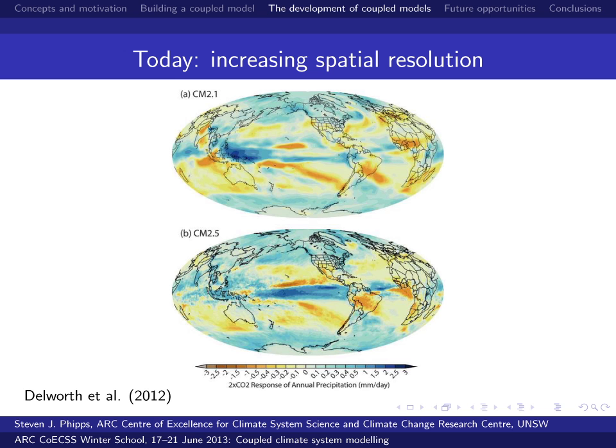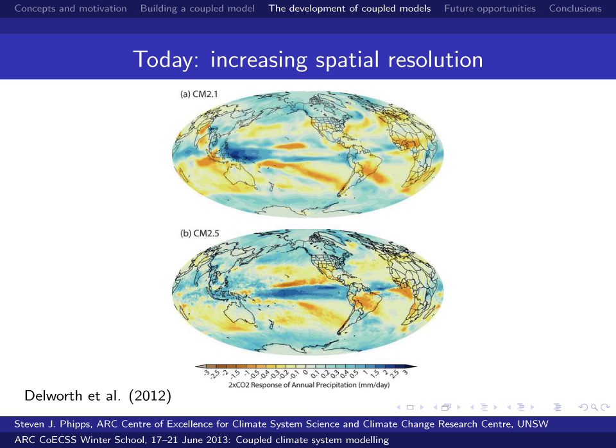The other thing we've been doing since those early papers, of course, is really cranking up the spatial resolution. This is from a recent paper showing two different versions of a GFDL model. GFDL is still, more than 40 years after that Manabe paper, at the cutting edge of coupled climate system modelling. This shows two different configurations of their model.